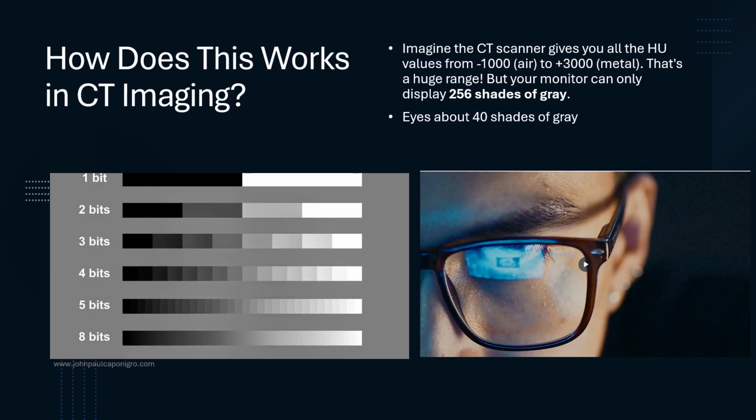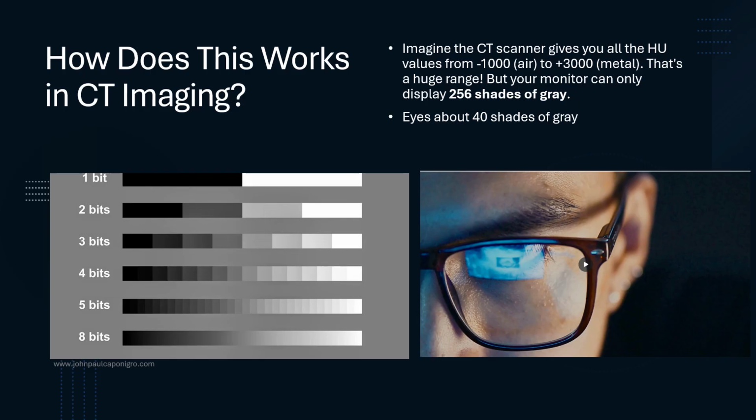Let's talk about grayscale and bit depth. The image on the left demonstrates how many shades of gray are possible to be displayed depending on the number of bits used.